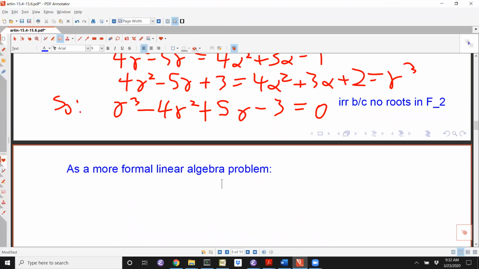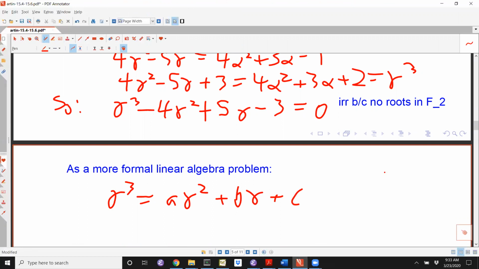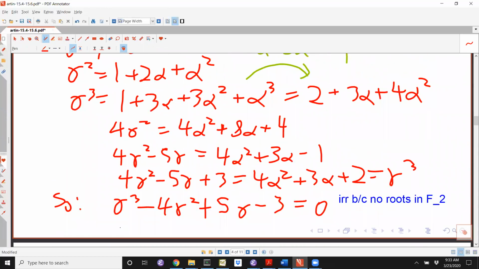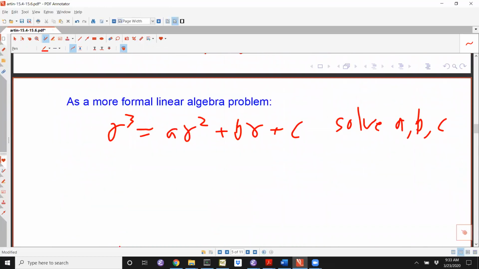You'd still want to phrase this as gamma cubed is equal to a linear combination of gamma squared, gamma, and 1, and then solve for A, B, and C. On one side, gamma cubed, we just saw, was 4 alpha squared plus 3 alpha plus 2.